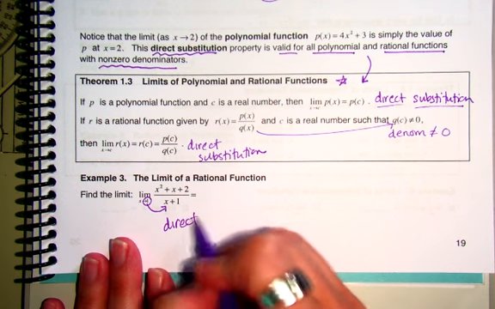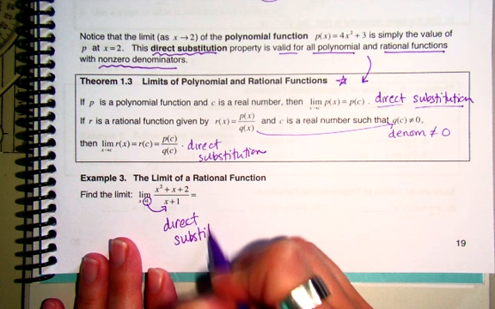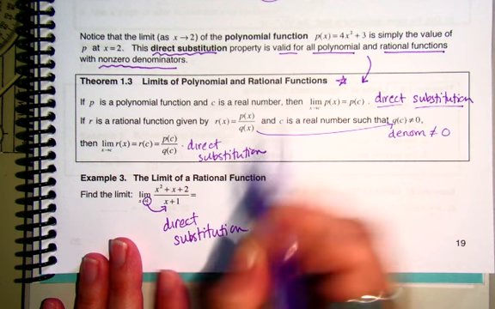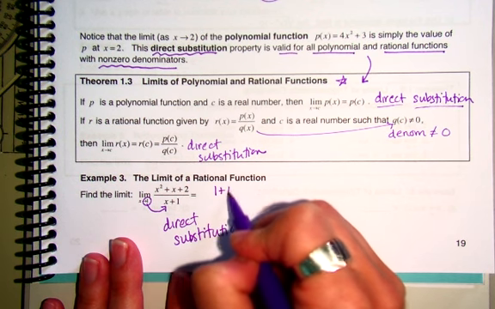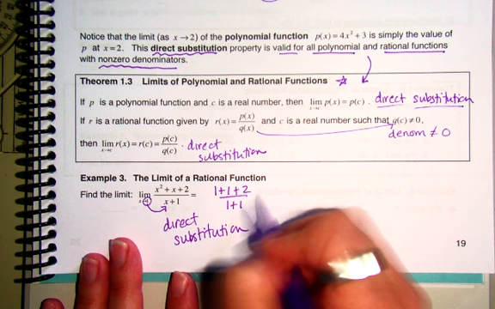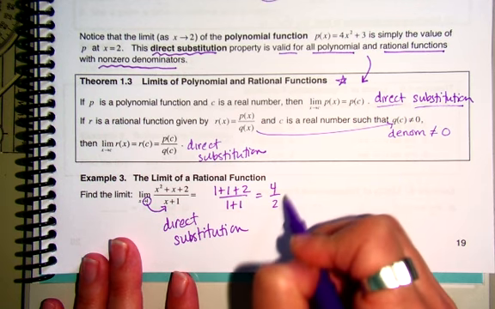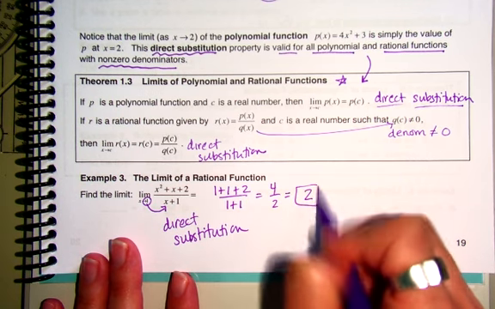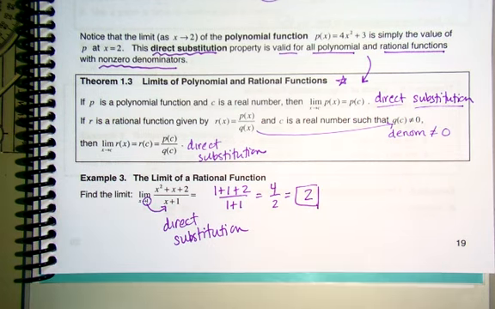Go ahead and do it. What do you guys get? 2. 1 plus 1 plus 2 over 1 plus 1. The limit of that function as x approaches 1 is equal to 2. Nice and easy, right?